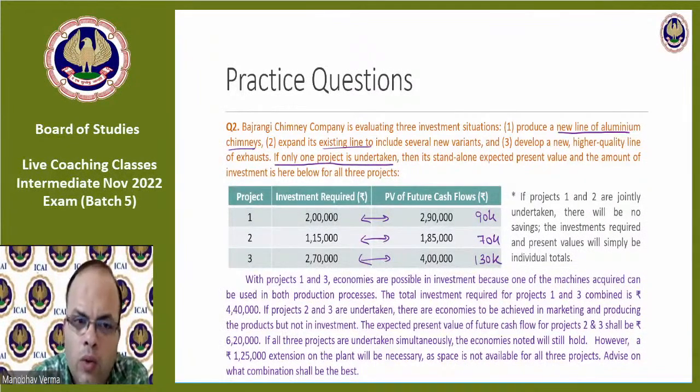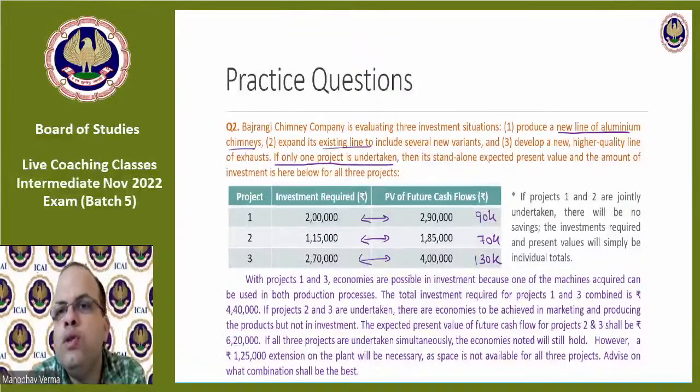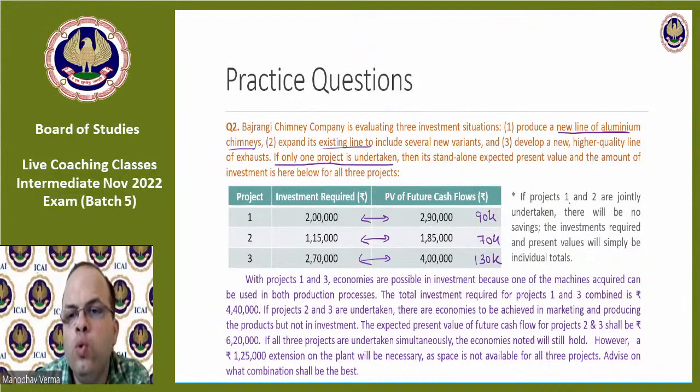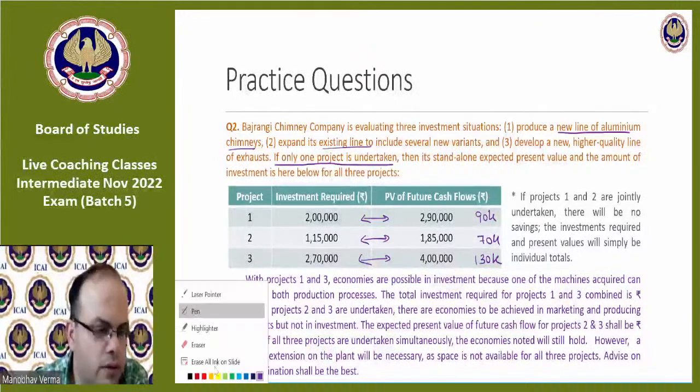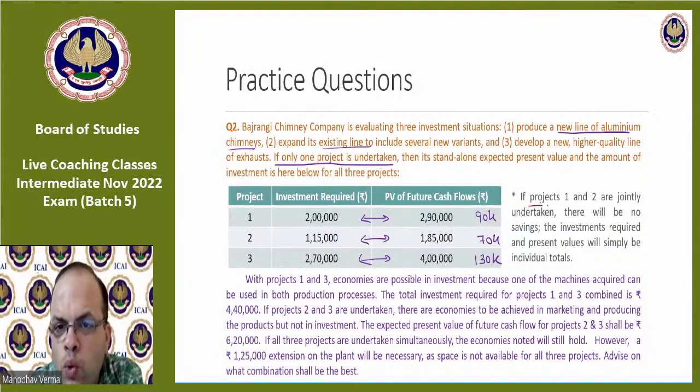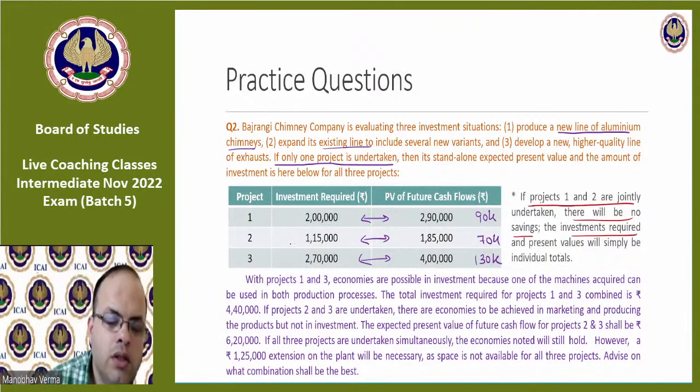We are talking about some additional information given to us. Let us see that additional information. If projects 1 and 2 are jointly undertaken, there will be no savings, and investments required and present values will simply be the individual totals.